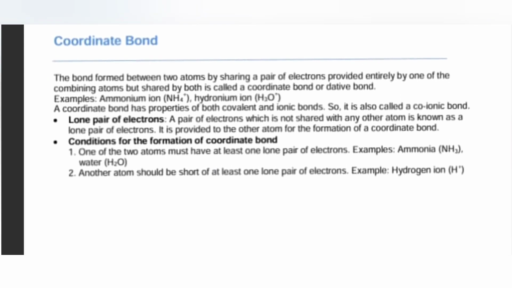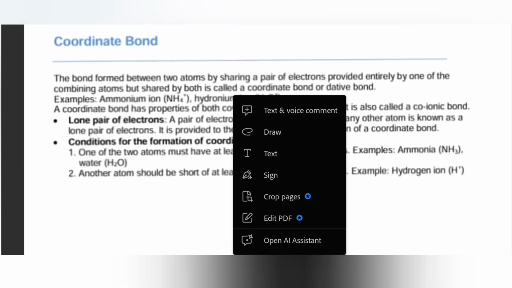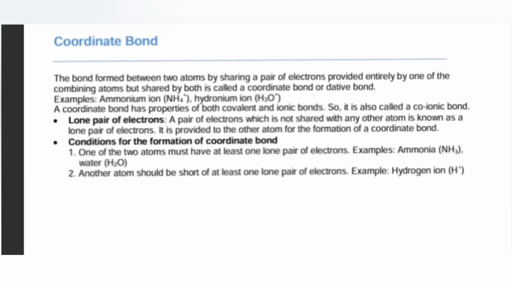A pair of electrons which is not shared with any other atom is known as a lone pair. It is provided to the other atom for the formation of a coordinate bond.